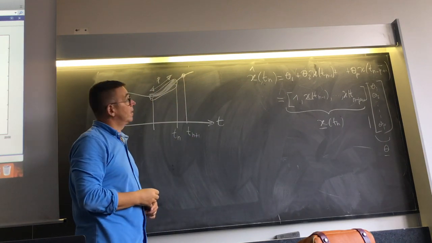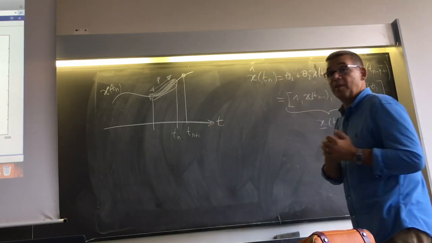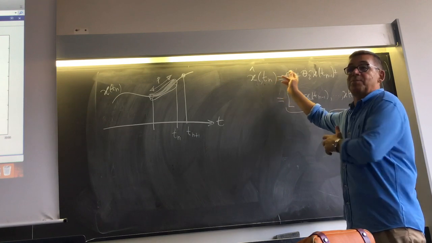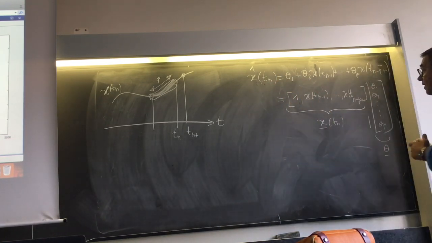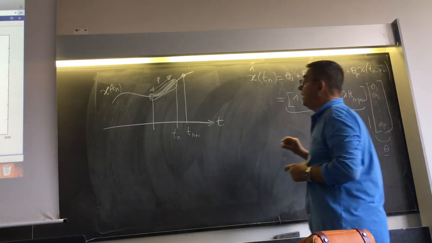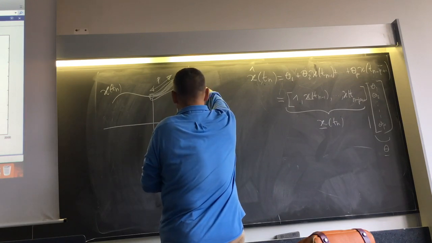Now, I can use more data, so I can estimate x at tn plus 1, which has the same structure.